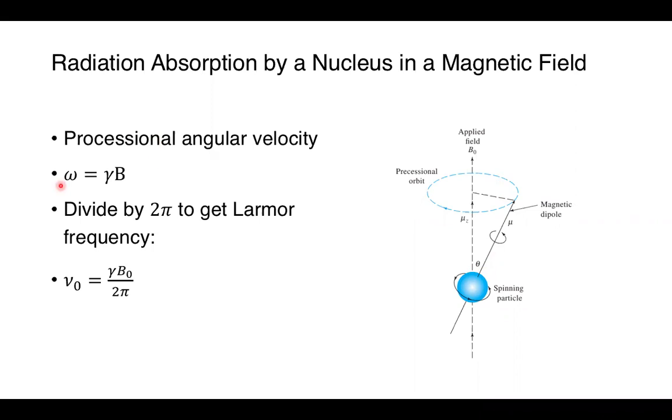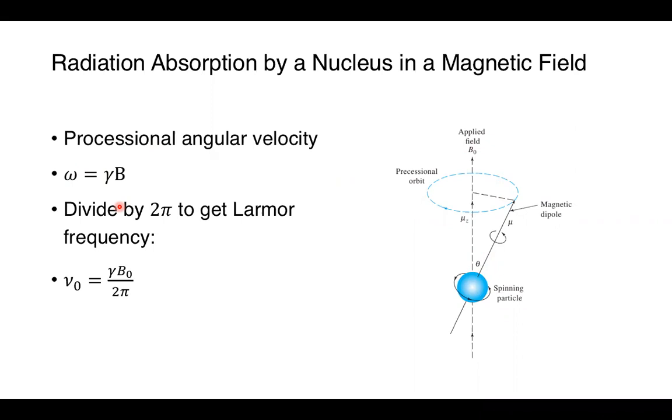This angular velocity, given the letter omega, is equal to gamma times B, B being the magnitude of the applied magnetic field, and gamma being the gyromagnetic ratio, which is a species-specific proportionality constant.